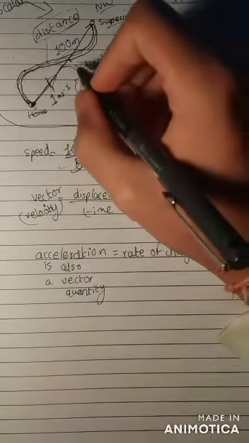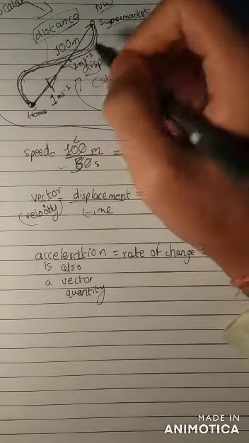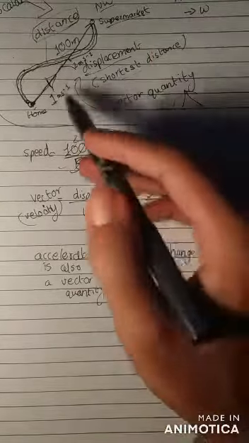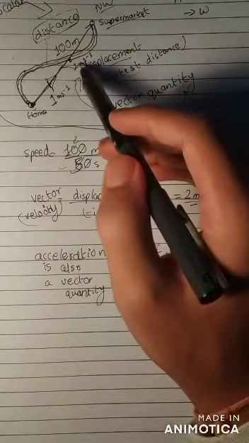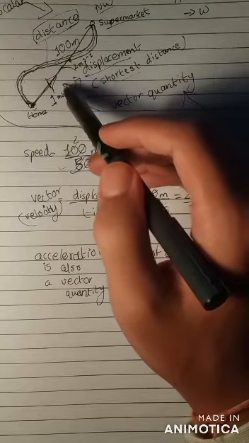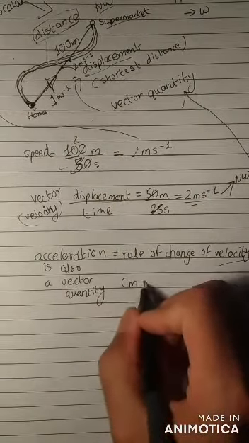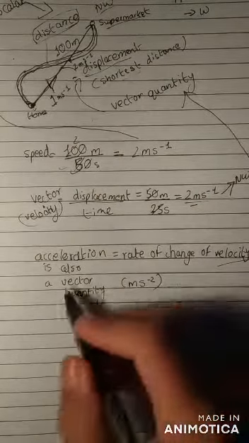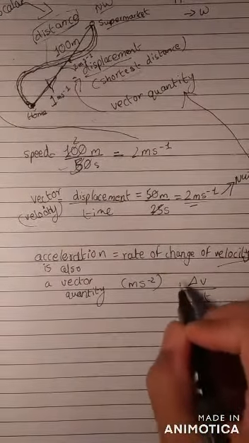Now here my velocity was 2 meter per second, and like that. Then from here to here my velocity increases by 1 meter per second each second. So its unit is meter per second square, and you can calculate it with change in velocity by change in time.